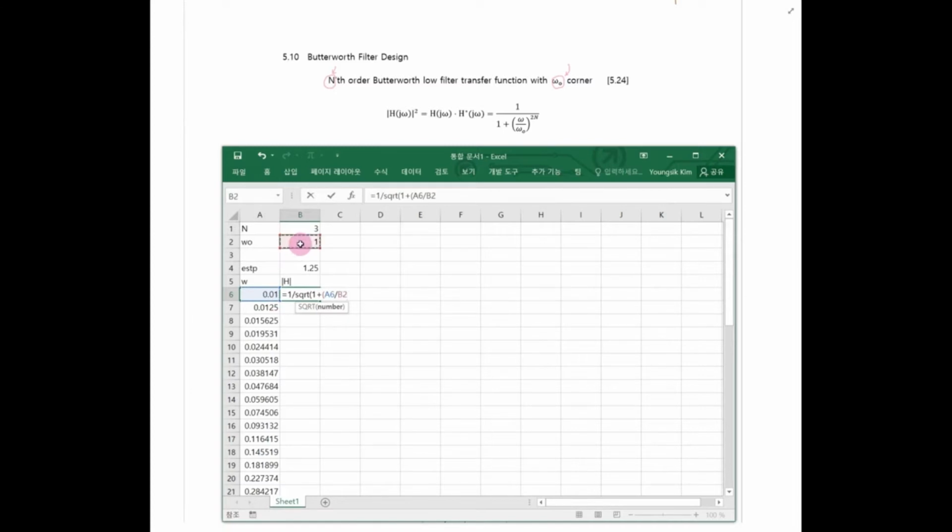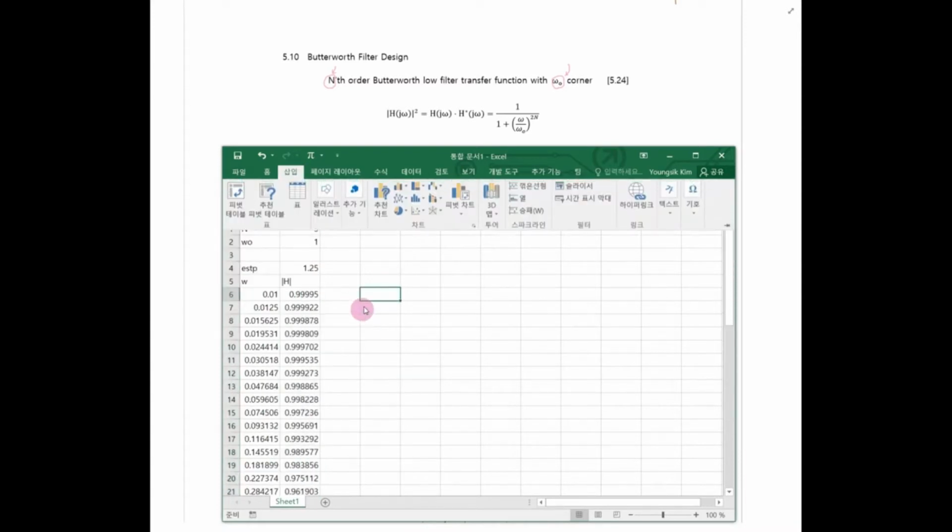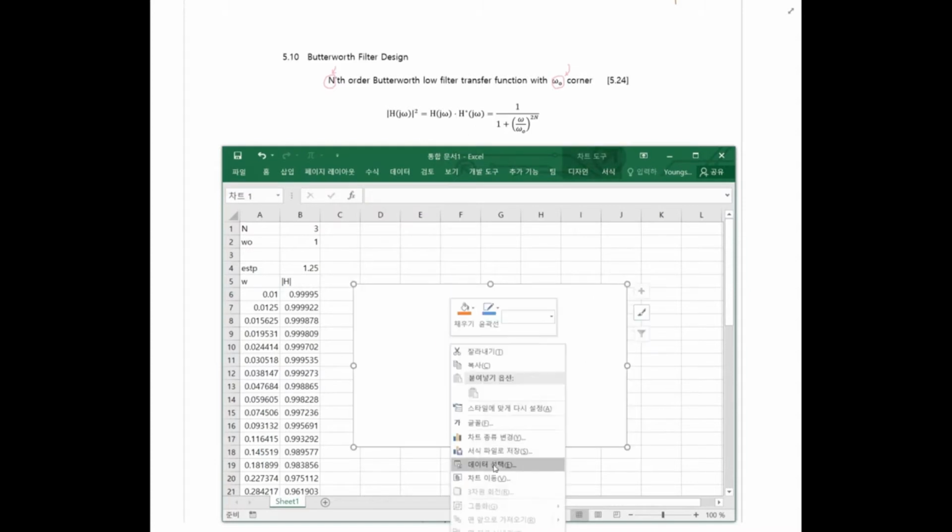This is a constant, and taking the square and the square root. So this one shows the H response, and I would like to plot that one here. This one is a third order Butterworth filter.